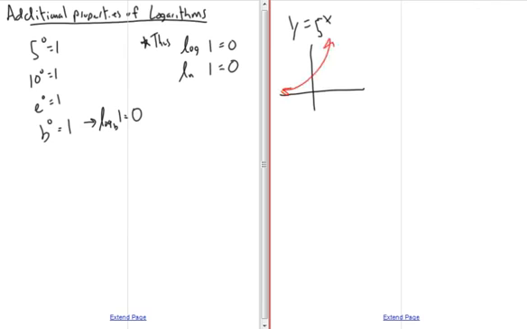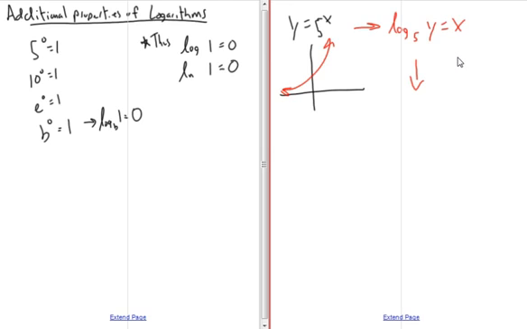Here's another property of logarithms. It's helpful. So let's say you've got y equals 5 to the x. This is an exponential function. We know that that is going to look like this exponential graph here. If we convert that into logarithmic form, that would be log base 5 of y equals x. We normally don't write our graphs as x as a function of y. We normally have y as a function of x.